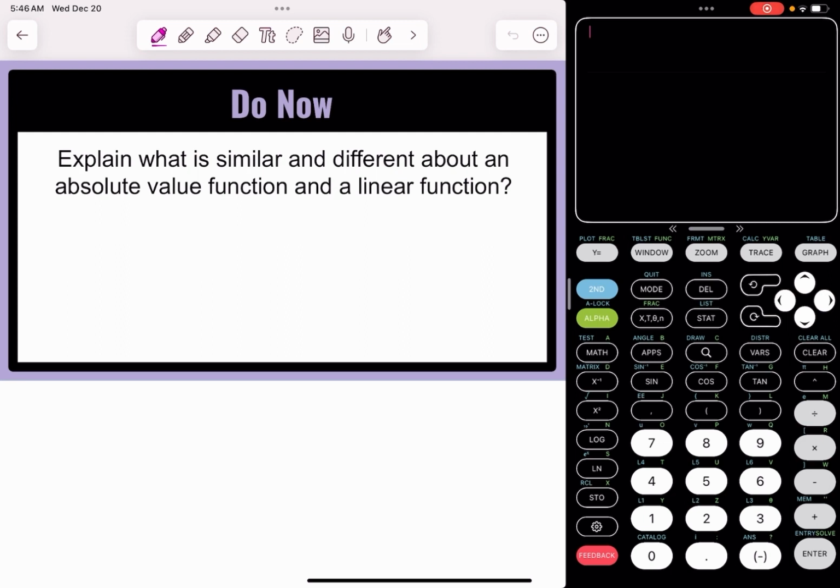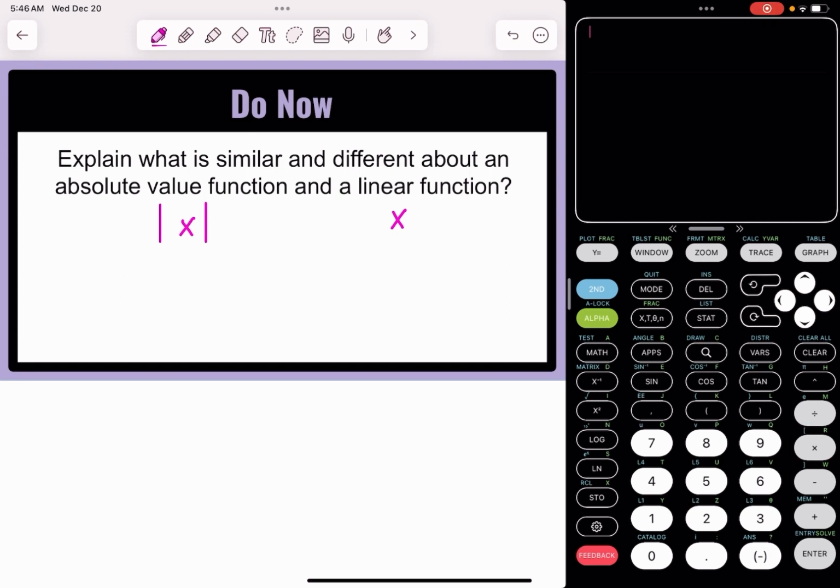So first, for the do now, let's explain what is different about an absolute value function and a linear function. An absolute value function has these lines with the x in between them. A linear function will just have a plain x.